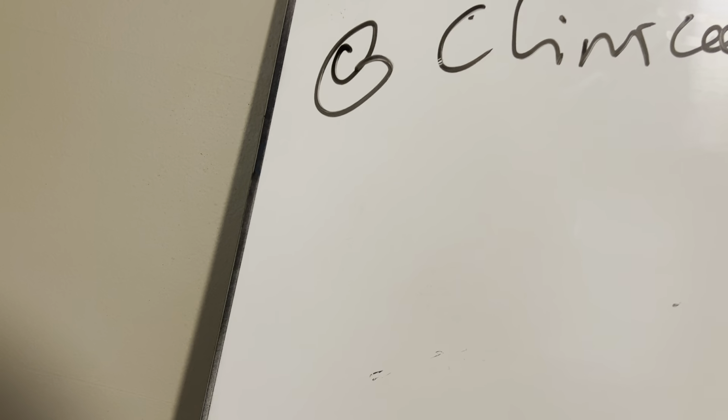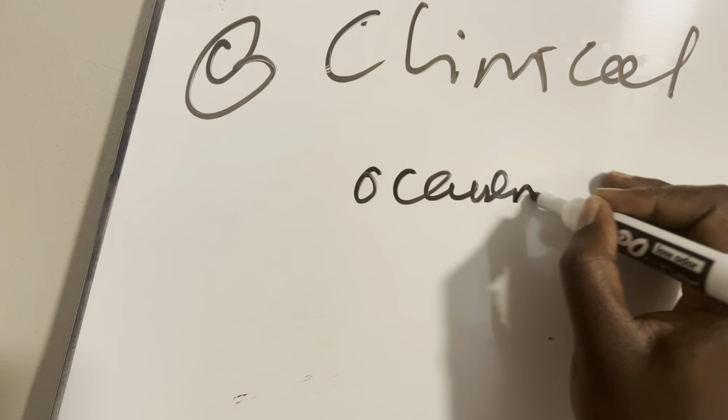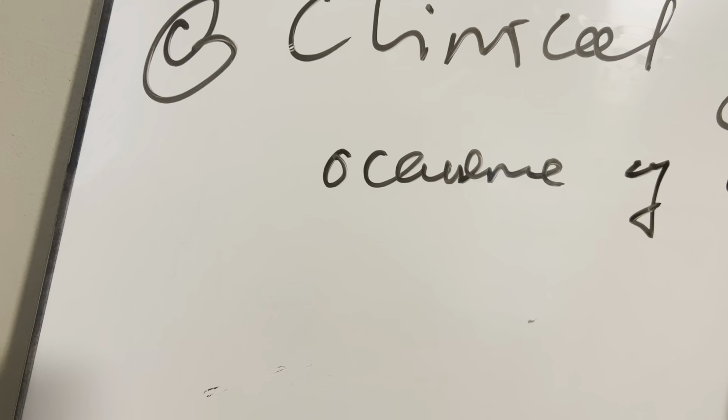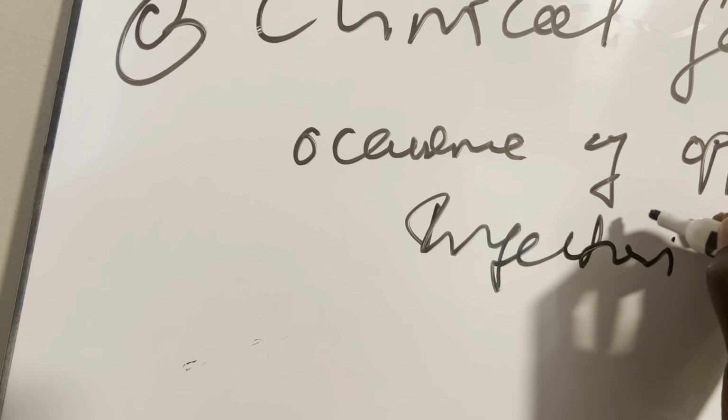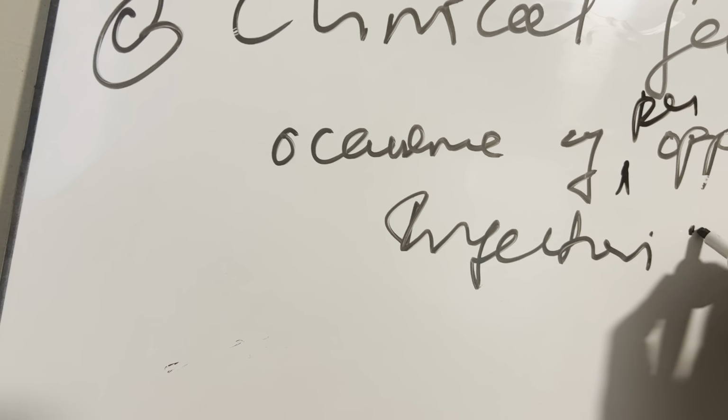Then last, we're talking about clinical failure. It's basically the occurrence of HIV-related clinical events, the occurrence of opportunistic infection, or of persistent infection after 6 months of ART treatment.